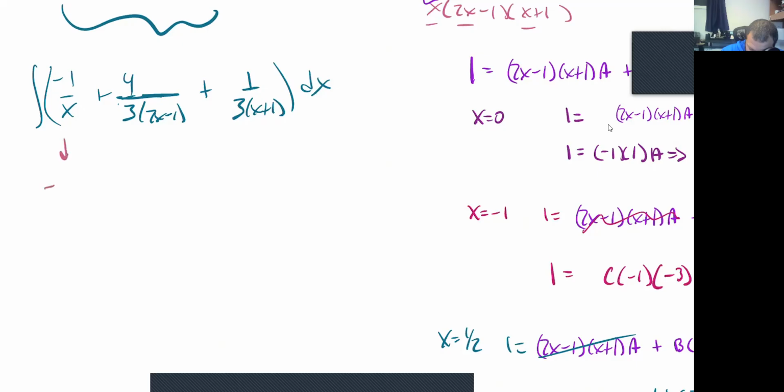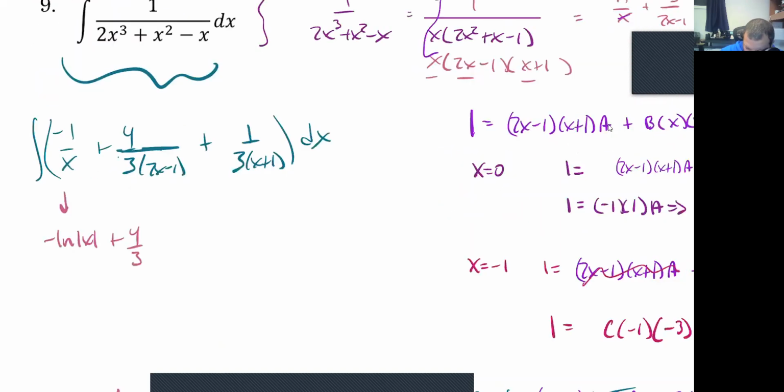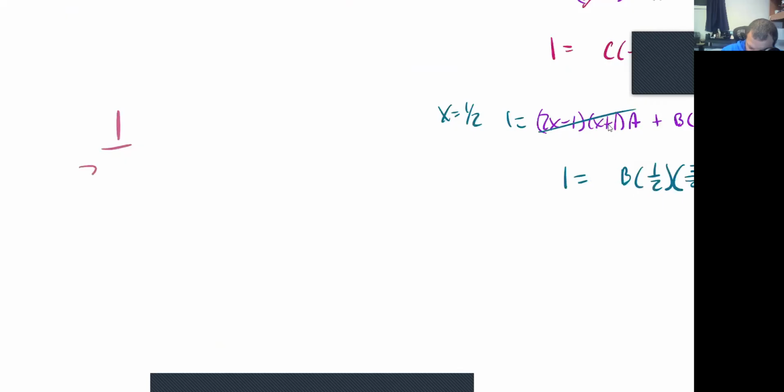So -1 over x is going to be negative natural log of x. Then plus 4/3 times 1 over 2x minus 1.